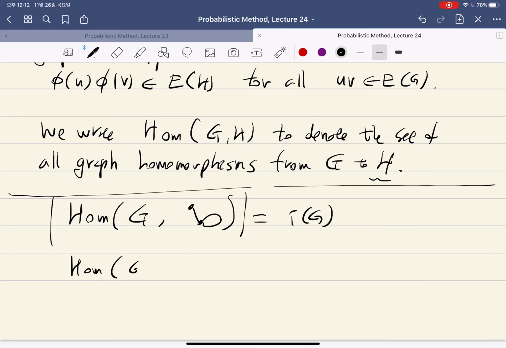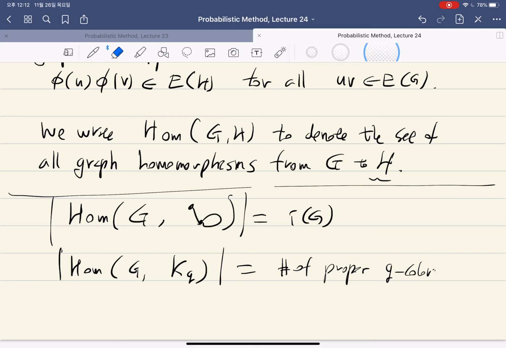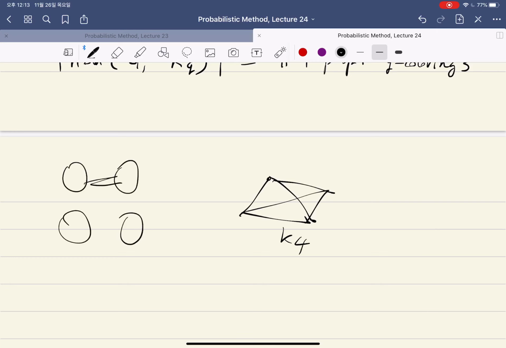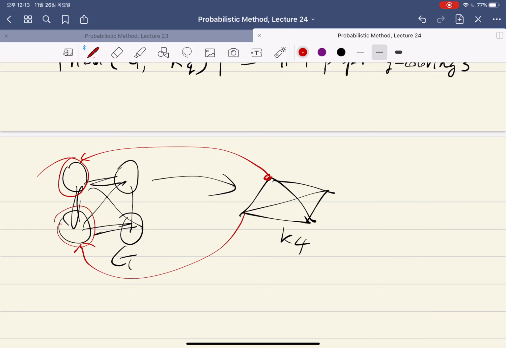And also, if you consider K sub q, then this has a natural bijection to proper q-colorings. Because if you have, say, K4 here, and a homomorphism from G to here, then all the pre-images must be independent.